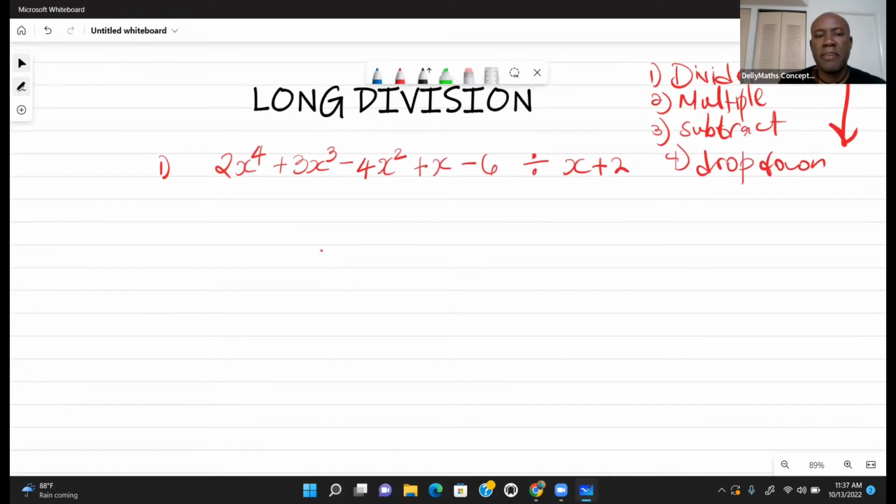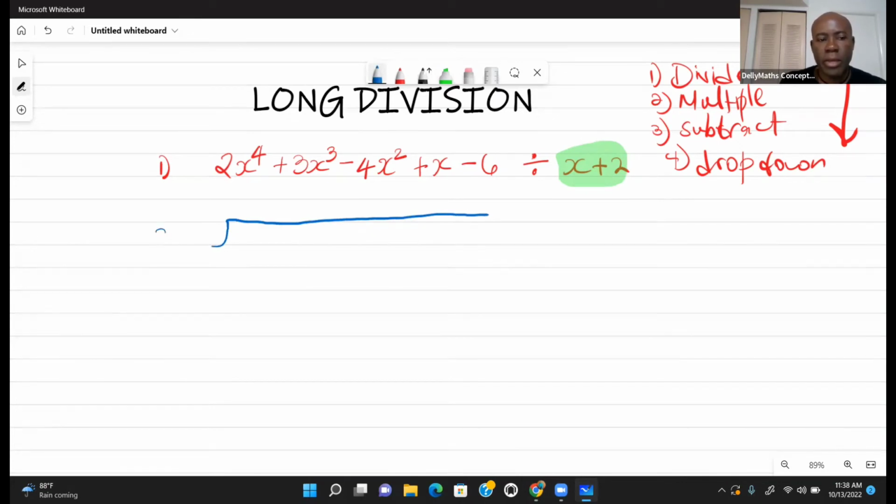As you can see, we're going to divide 2x to the fourth plus 3x to the third minus 4x squared plus x minus 6 by x plus 2. Bear in mind that when we do this division, we're only going to be dividing the x into the polynomial. We're not going to be dividing the plus 2.